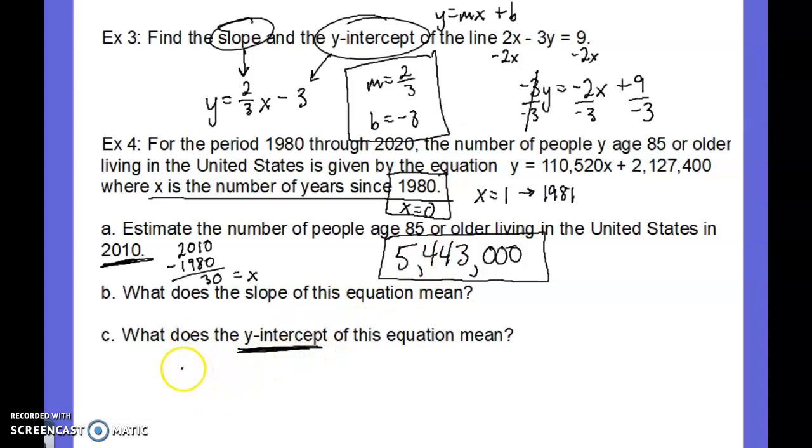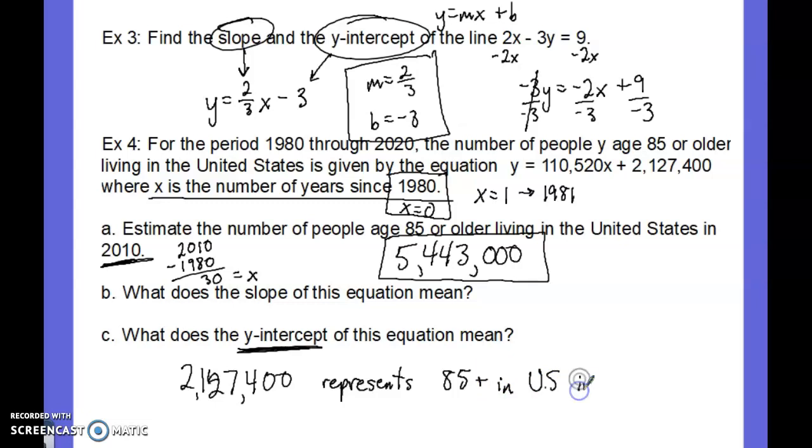So the y-intercept is the 2,127,400 number, and it represents 85-plus-age people in the United States in 1980. So now I'm going to go back to letter B and explain the slope.